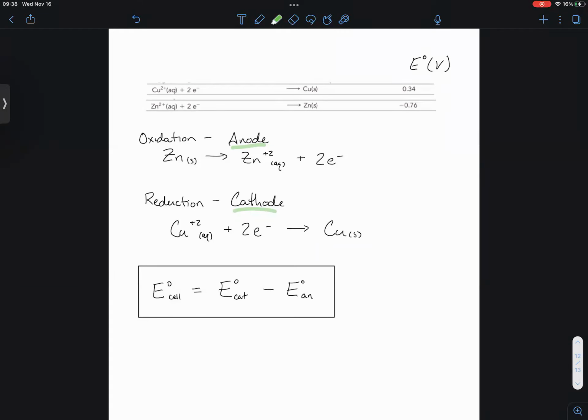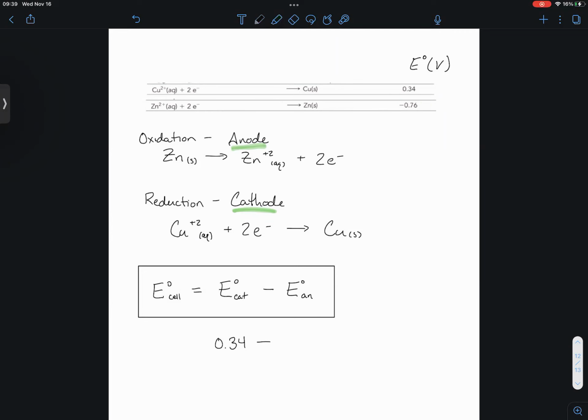So if we look at the standard potential at our cathode, that would be corresponding to our reaction of the copper. So that's this value here, 0.34. And then we're going to subtract the standard potential at our anode, which is this reaction of our zinc here.